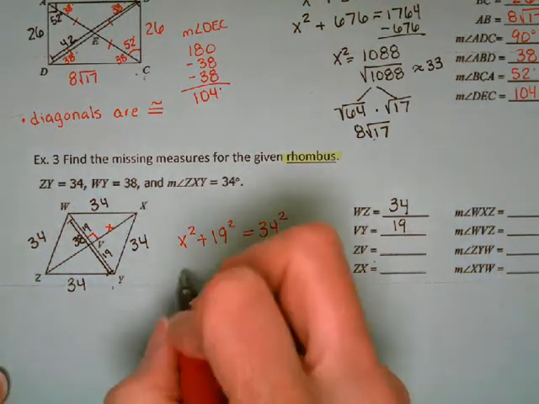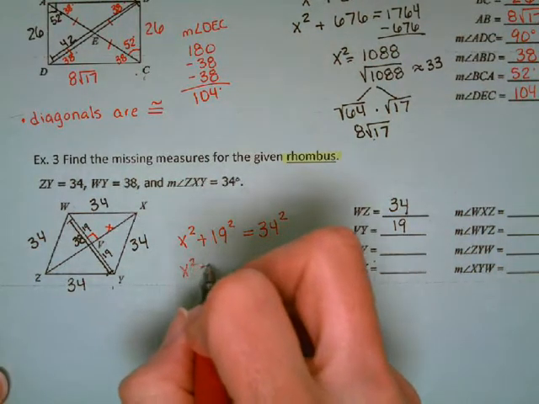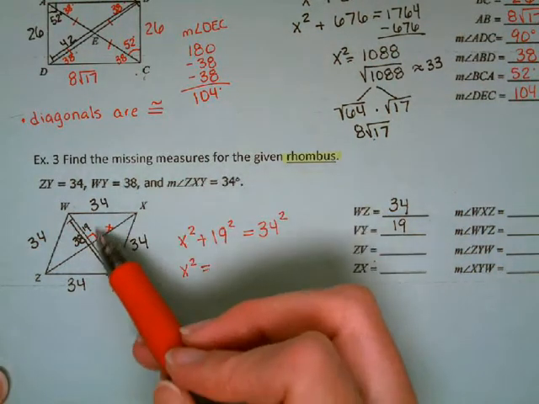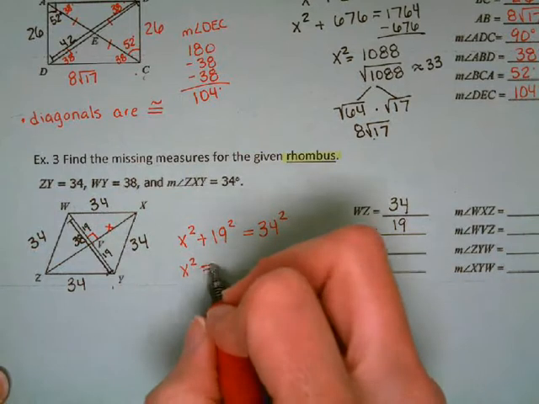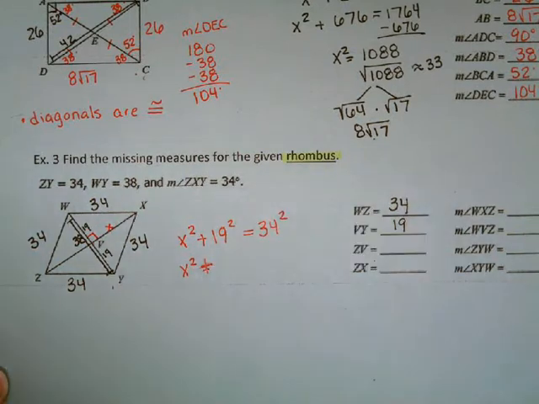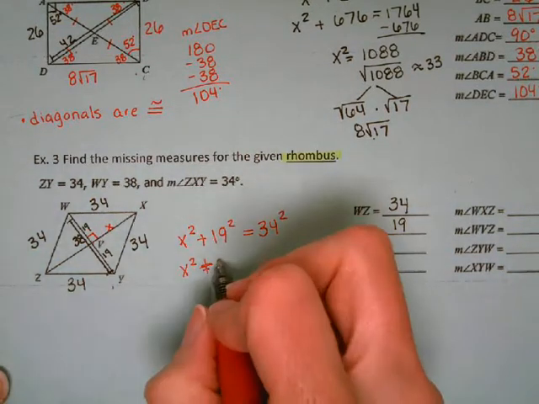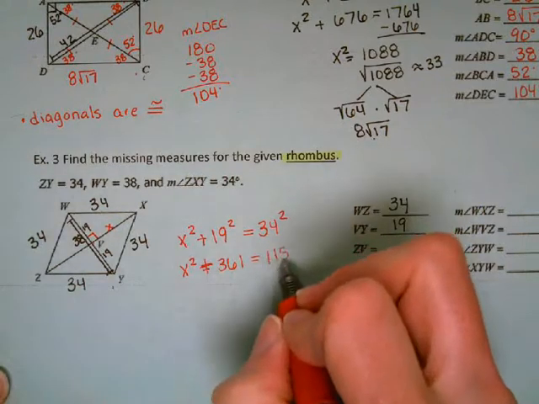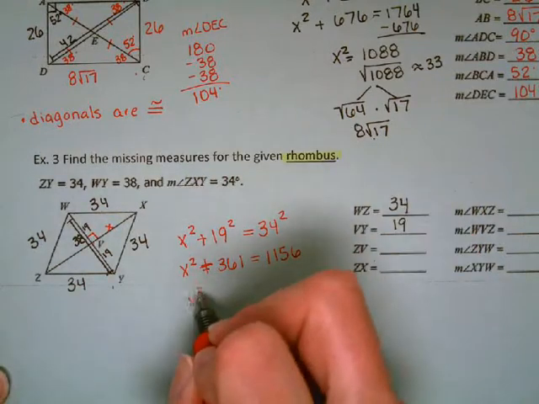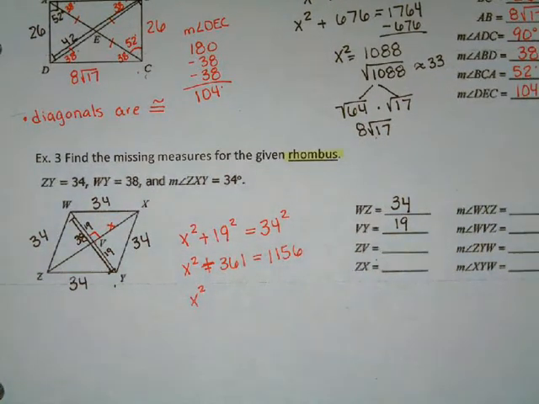So across from the 90 degrees is your hypotenuse. So on this one, 34 was my hypotenuse. I didn't mean to put that. 19 squared is 361. 34 squared is 1,156. So I will subtract those two numbers. We get 795.